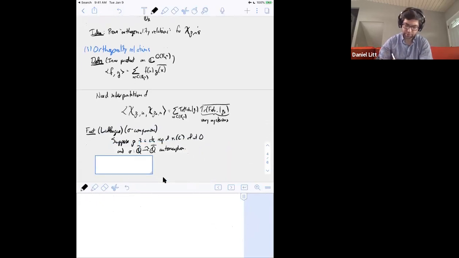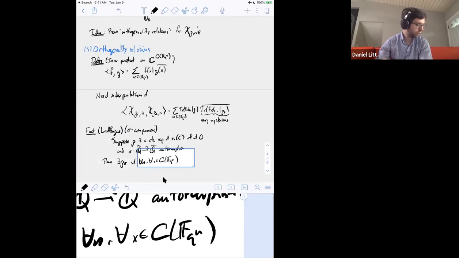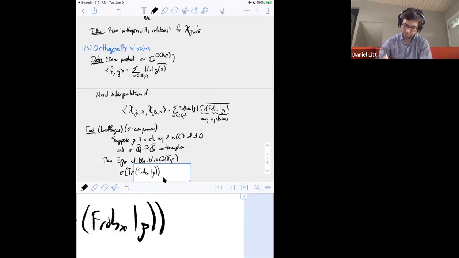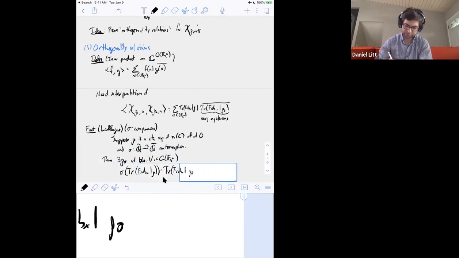Then there exists some rho sigma such that for all n and for all points in our curve valued in F_q^n, if we apply sigma to the trace of Frobenius at our point on rho, that's the same as the trace of Frobenius at our point acting on rho sigma.